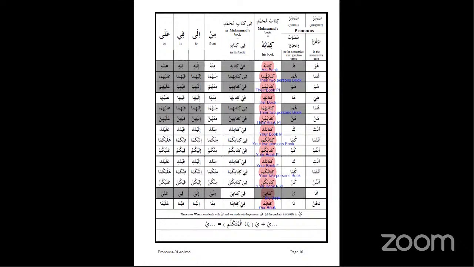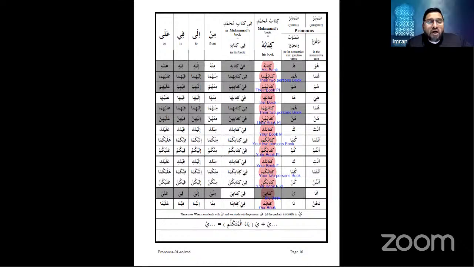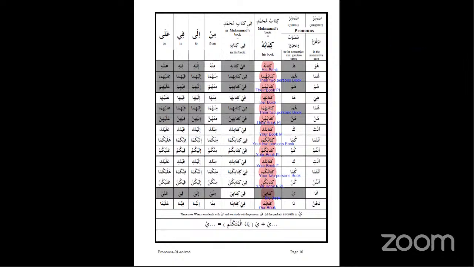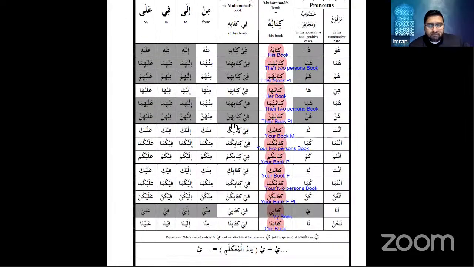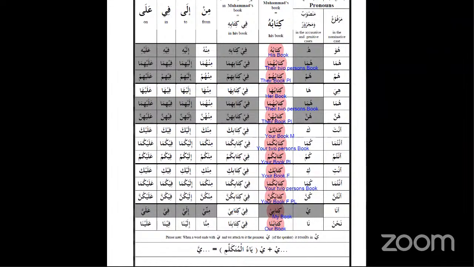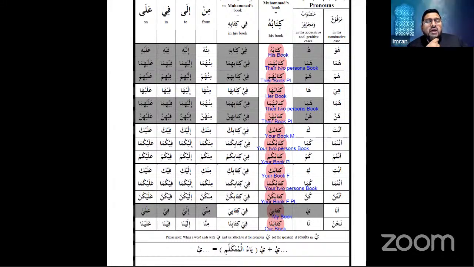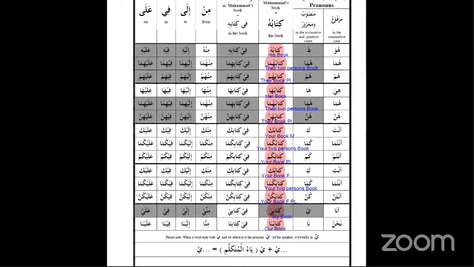Correct. Qalamuha, her pen. Qalamuhuma, their pen, two females. Correct. Kitabuhunna, their book. Qalamuhunna, their pen. Sorry, I can't see the screen well.